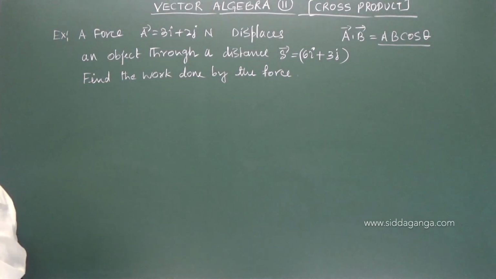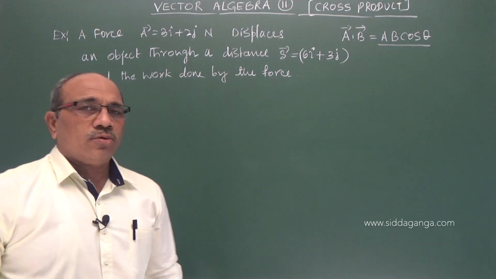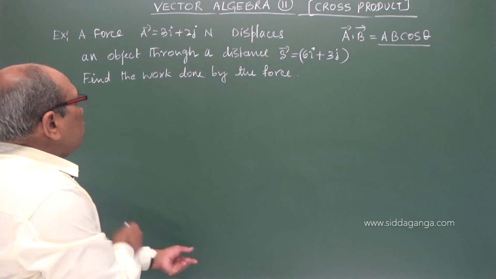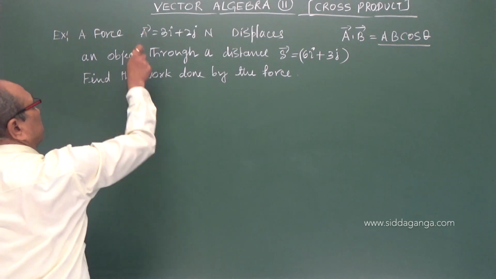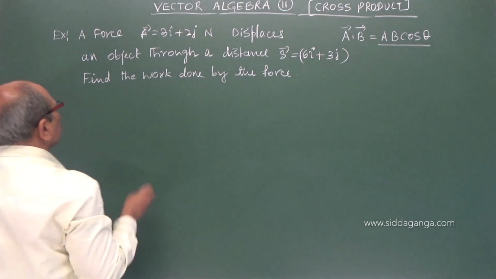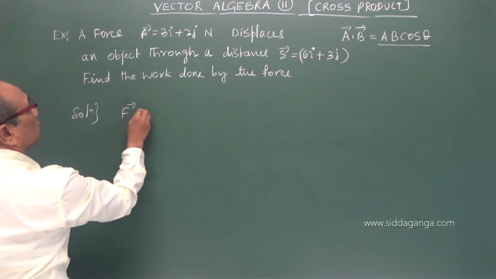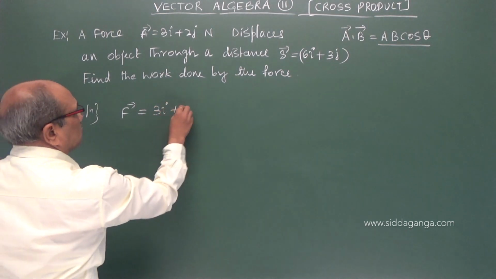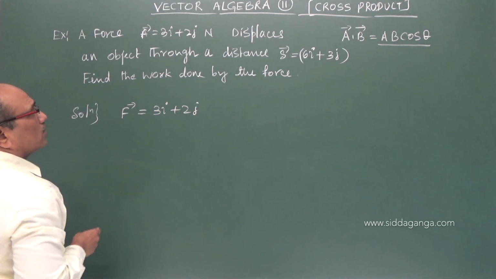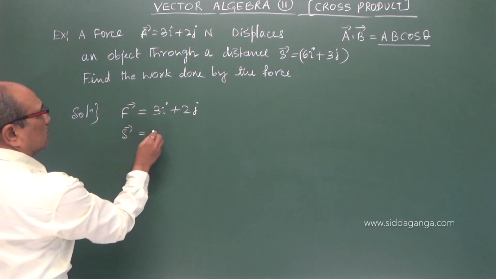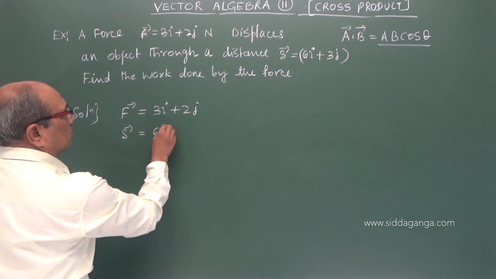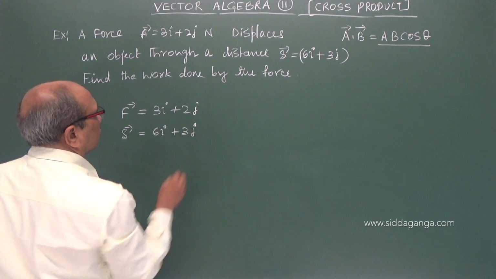See, when you read the question, you understand that you are given the force. In the solution, first you look into it: you are given the force 3i plus 2j. The displacement vector under the action of the force is 6i plus 3j.